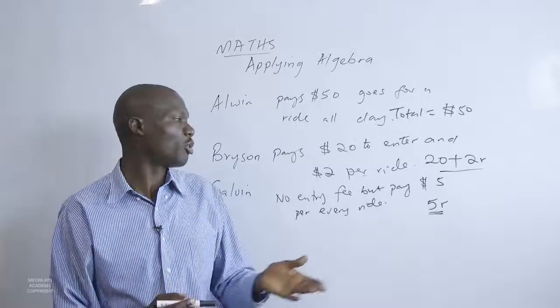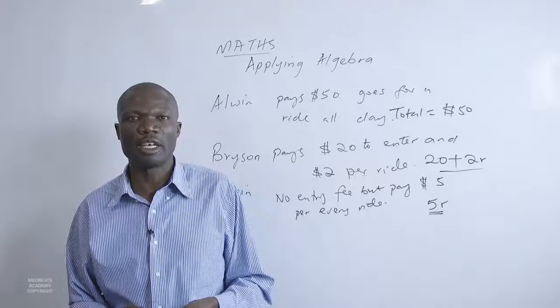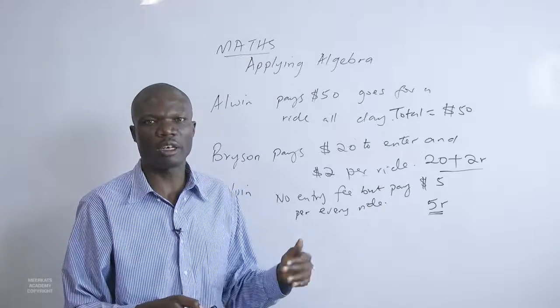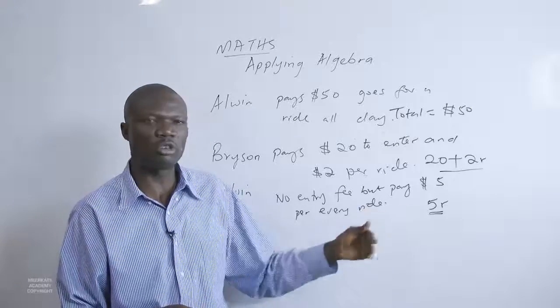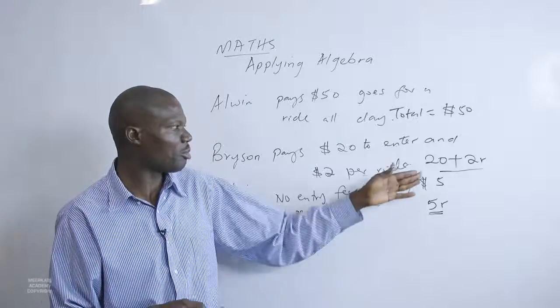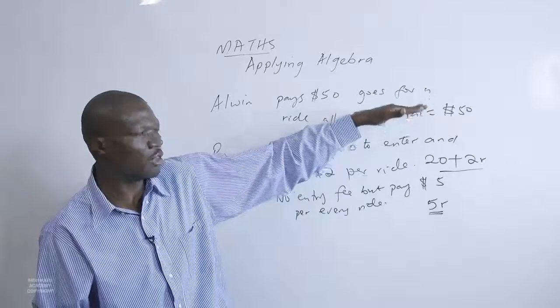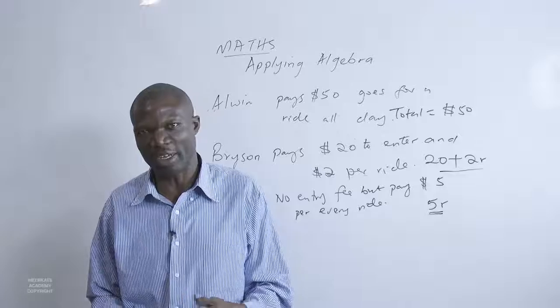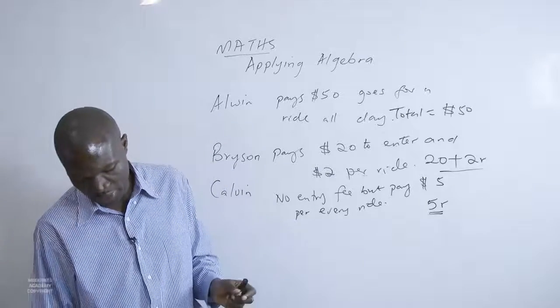So if he goes for 5 rides, he'll pay a total of $25. So it keeps on changing, but you'll realize that all these boys walked home happily, having gone to the park and had a ride and come back home.